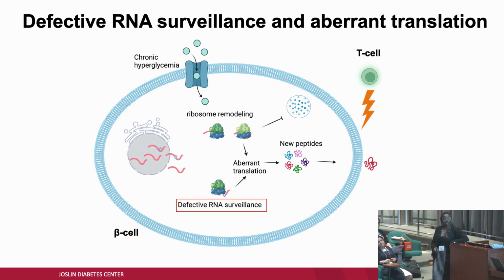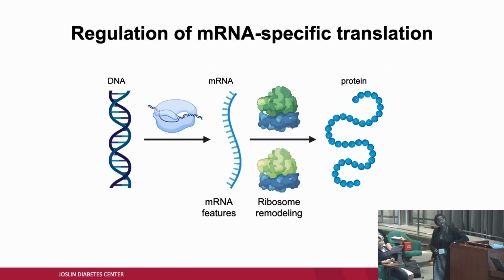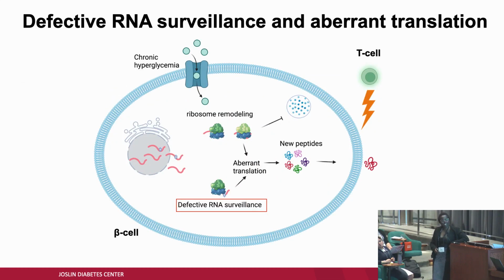And in my future work, one thing that I did find when I was looking at my data is that some of the genes that function in the RNA surveillance pathway that I studied for my PhD, specifically nonsense-mediated RNA decay, were acutely downregulated by high glucose.